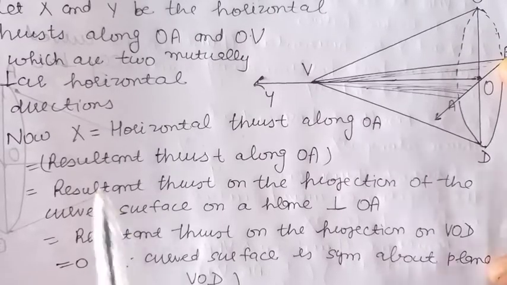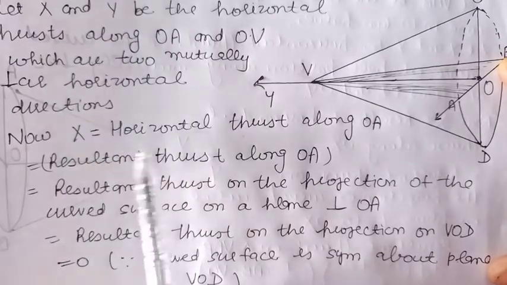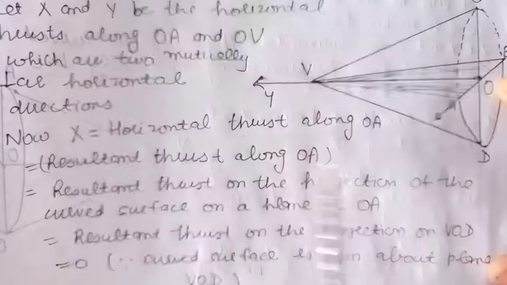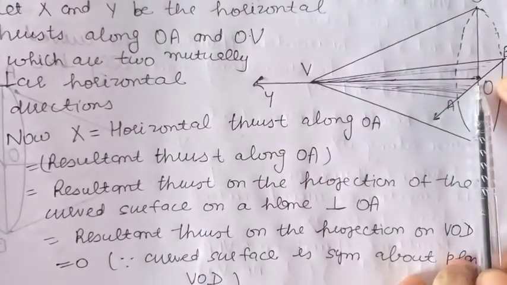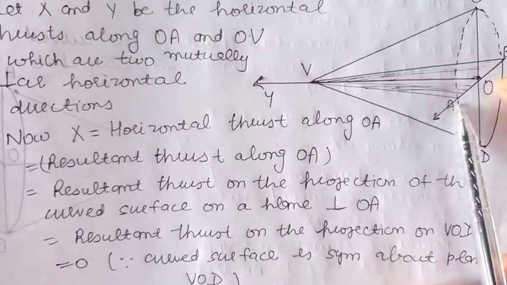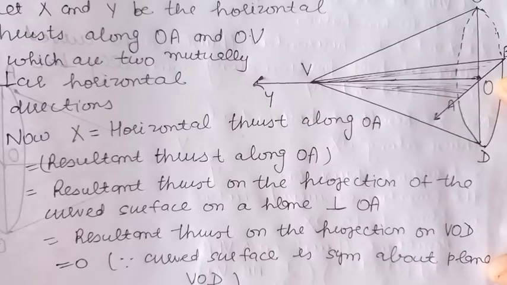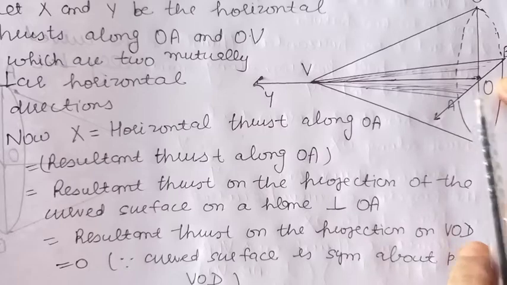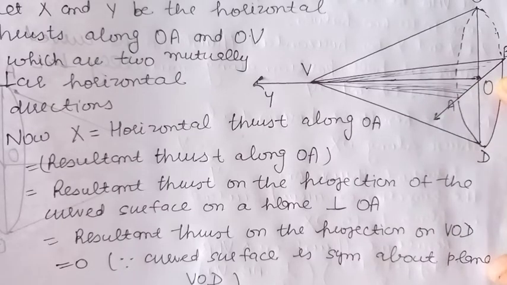By definition, x, which is the horizontal thrust along the line OA, is the resultant thrust on the projection of the curved surface on a plane which is perpendicular to the line OA.